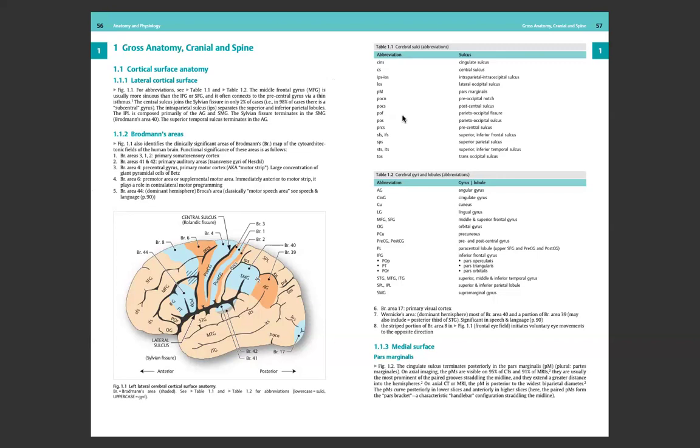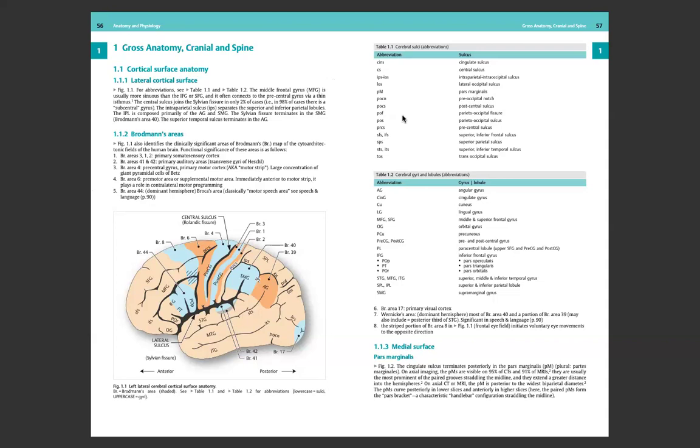Well, today we're going to be doing essentially the anatomy of the brain. Start with the lateral cortical surface, talking about things like the Brodmann's areas and some other important structures.